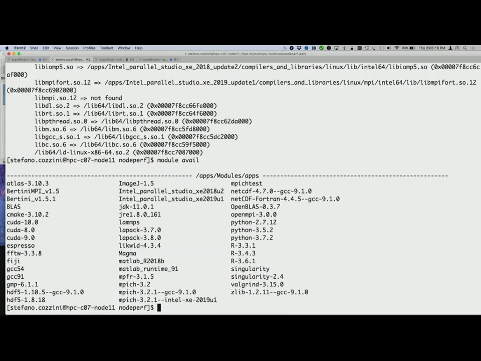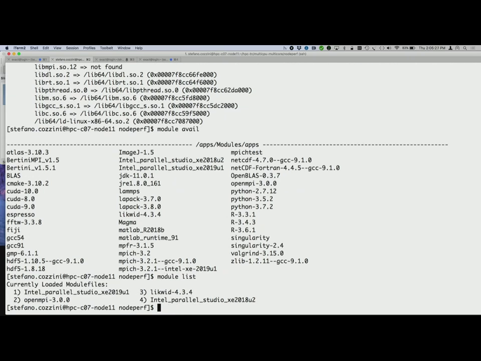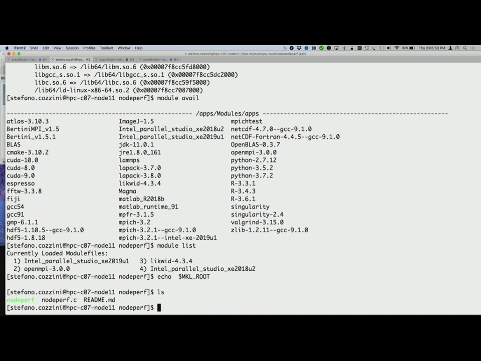Ah, but you don't have MKL as a module, correct? No. List. And why then can't I find it? Export. That's the reason.